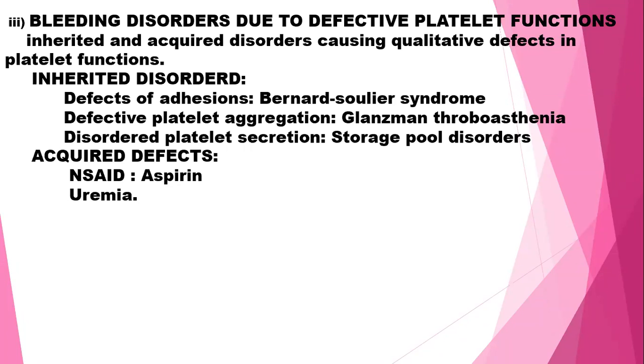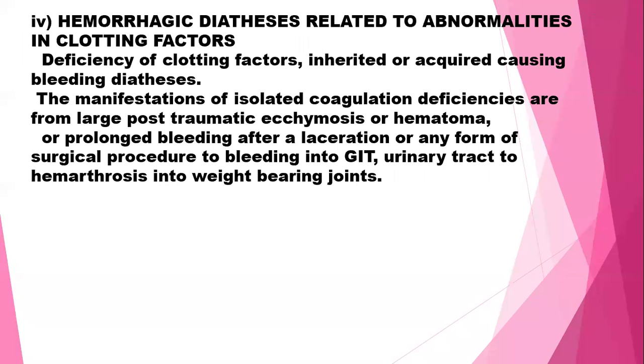Both of these mediators are used for platelet aggregation and platelet functions. Another acquired defect is uremia. Uremia inhibits all the functions of platelets: aggregation, adhesion, and secretion are all inhibited in uremia.